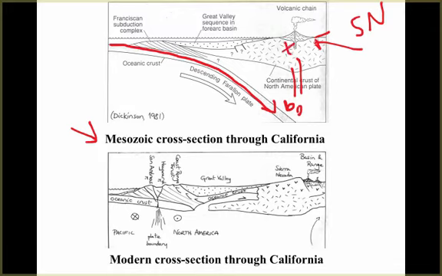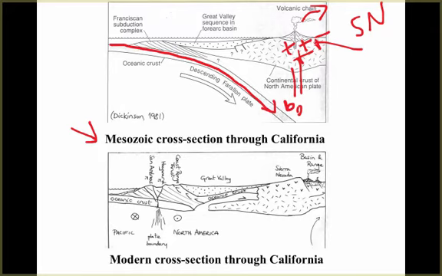The magmatic rocks that never reached the surface crystallized to form the granites of the Sierra Nevada. Otherwise, they were erupted into the volcanic rocks that are preserved in eastern California.